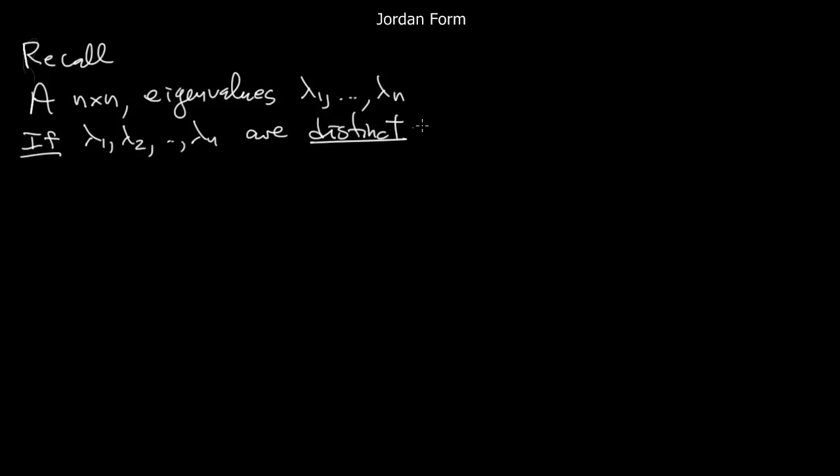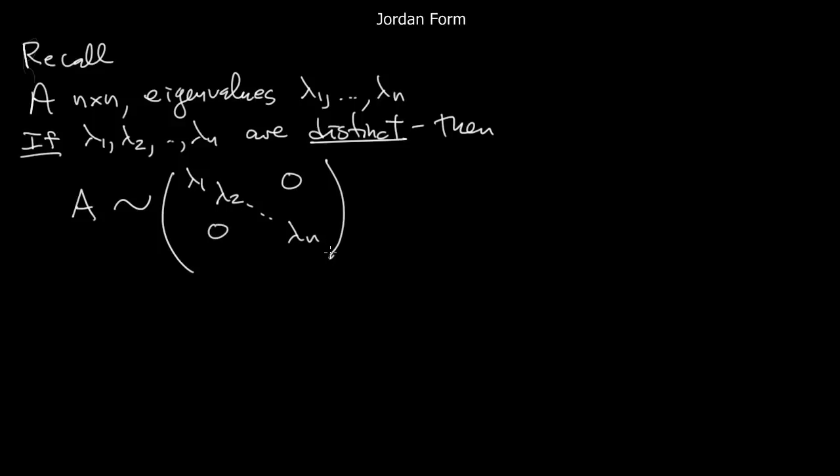When they're distinct, that means that A can be diagonalized. You can find a basis so that A has this matrix, the lambdas on the diagonal. Or another way to say it is there's a matrix S such that S inverse AS is equal to this. And we say that A is diagonalizable.